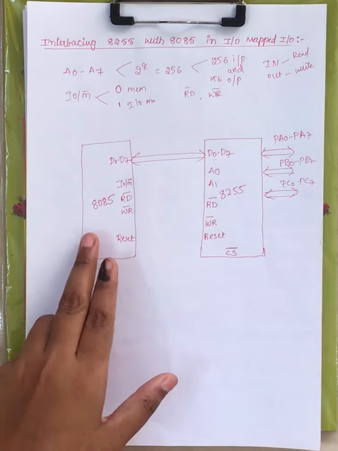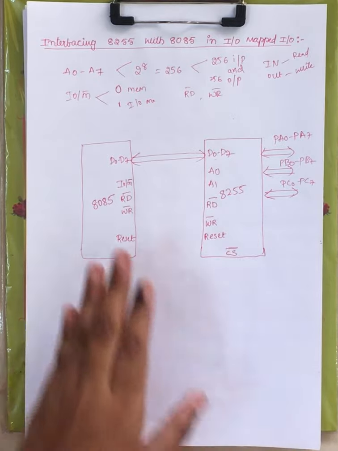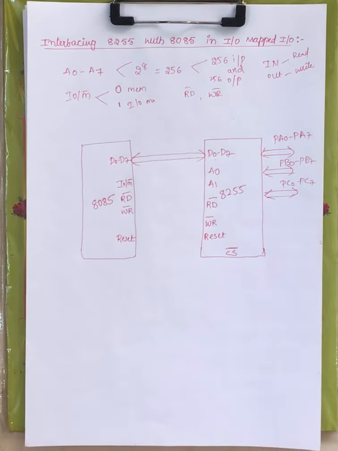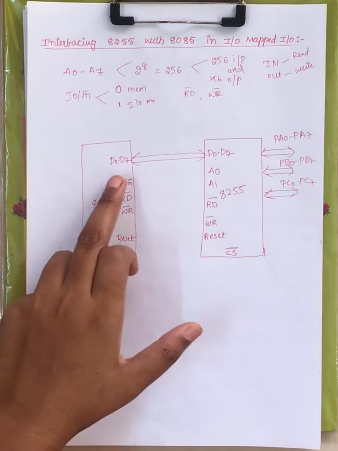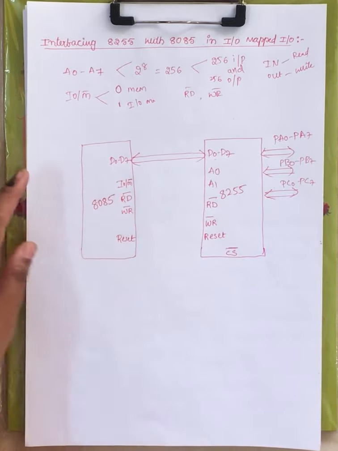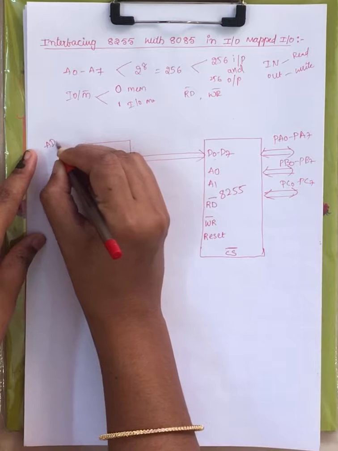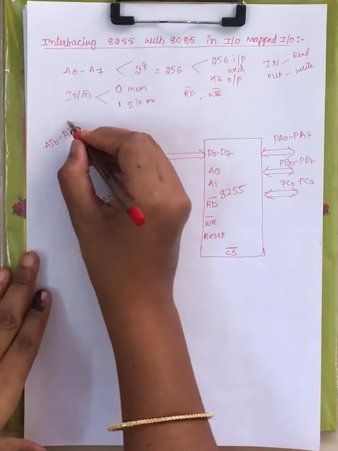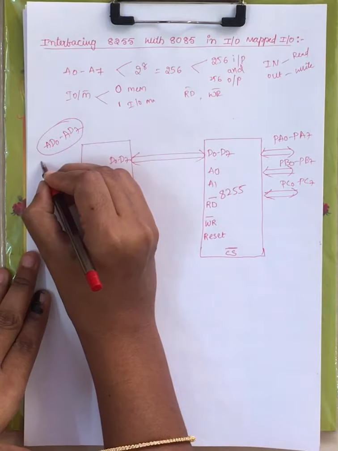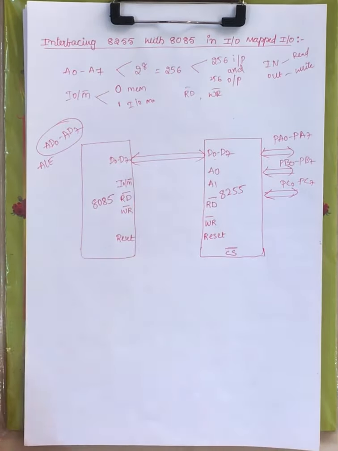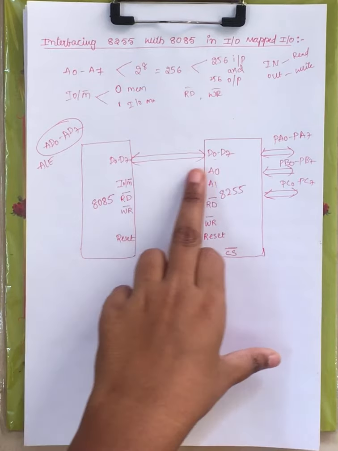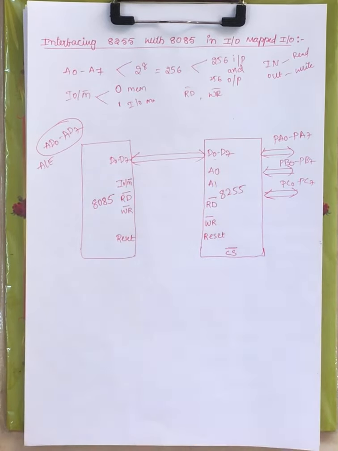Now this is our 8085 and 8255. The data bus of 8085 is connected to the data bus of 8255. Before connecting this data bus, you have the multiplexed address and data bus. This has to be demultiplexed using your ALE signal. After demultiplexing you connect D0 to D7 of 8085 to 8255.